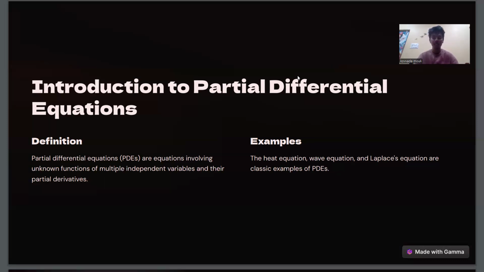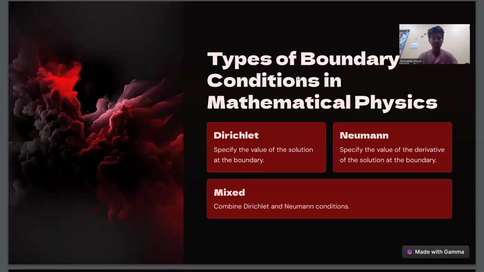And the next one is numerical methods. In practical scenarios, exact solutions to homogeneous BVPs may not be feasible, necessitating numerical techniques such as finite difference method (FDM), finite element method (FEM), and the last one is spectral methods. And the next point is functional analysis perspective.